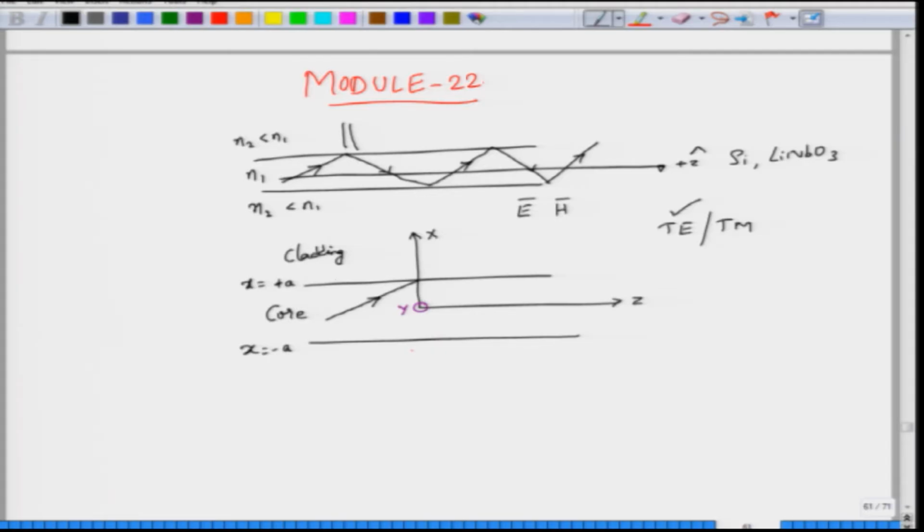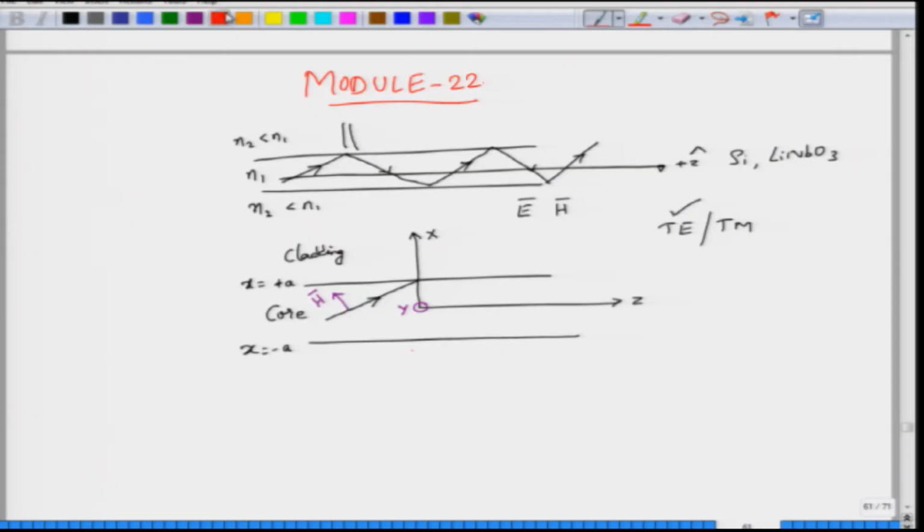Now, for transverse electric polarization, if you take this as the k vector that I have already drawn, then the magnetic field should be present. So, the magnetic field, if I take it to be going along this particular direction, do not worry about the actual form of the magnetic field, we are going to derive this as the module progresses.